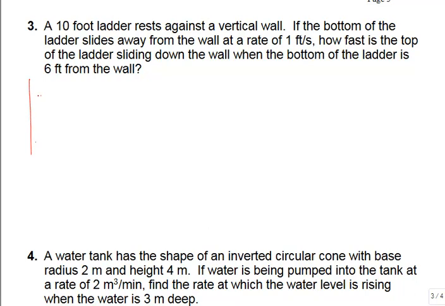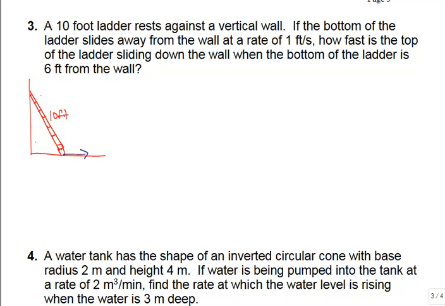Here's our wall, and then we have this ladder propped up against it. Now it's a 10-foot ladder, so right away the length of this ladder is fixed at 10 feet. That ladder is not going to change length. But what's happening is the bottom of the ladder, which is down here, slides away from the wall.